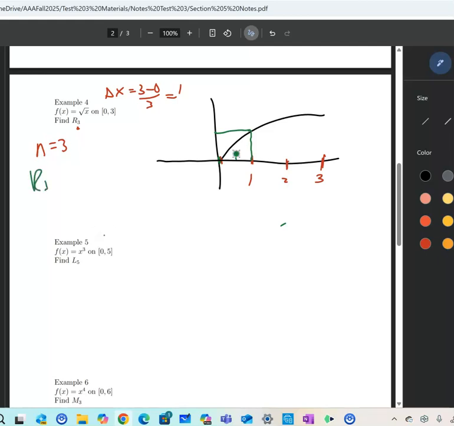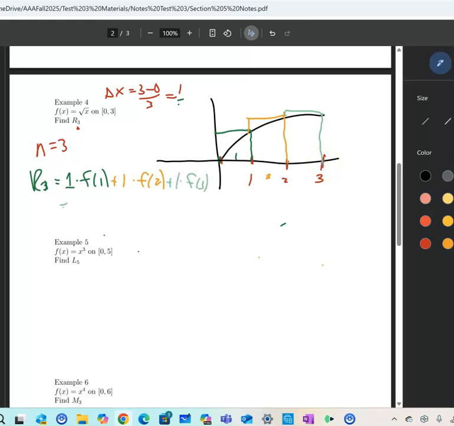So R sub 3 will equal delta x, which is 1, because every rectangle is of width 1, times f of 1, because I'm using the right-hand endpoint, plus the second rectangle, width 1 again, times f of 2, and then the last one, 1 times f of 3.